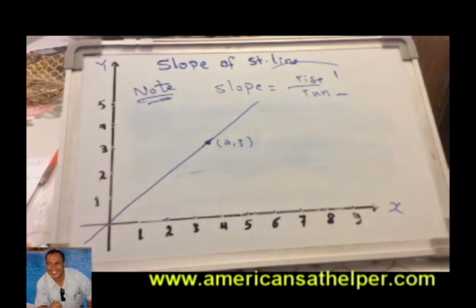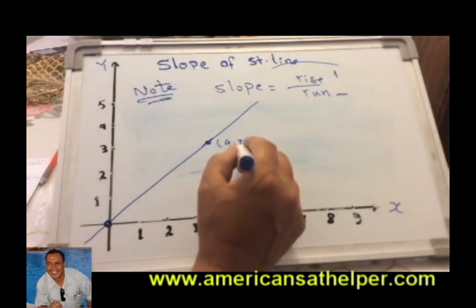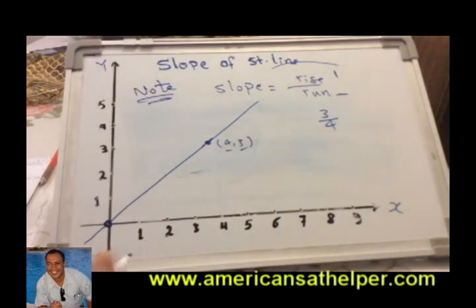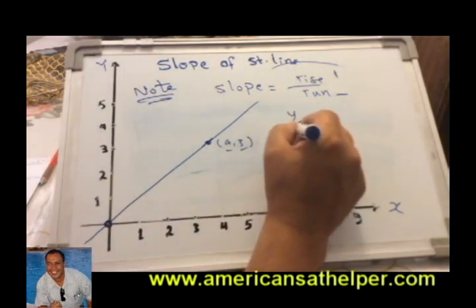If we have a point like this, and the line, we know that it passes through the origin, how can we find the slope? I'll give you an easy strategy. Just divide y over x. The slope would be 3 over 4. How come? Y over x.